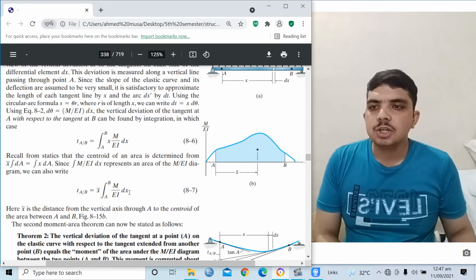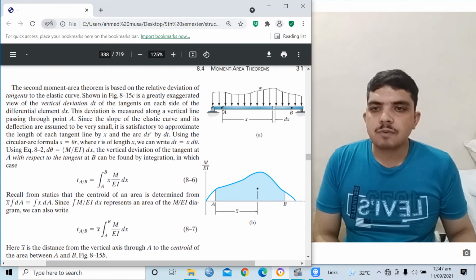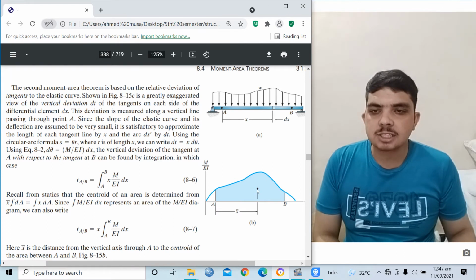along the point at which we are required to find the displacement and deflection. For example, you can see here tangent AB. Suppose we are required to find the deflection between tangent A and B. First of all we will find the area, and then we multiply by the centroid. For example, the maximum deflection of the beam will occur at this point. We shall multiply, from point A, the centroid of this area.